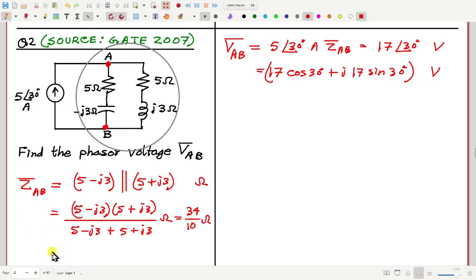In this particular case, this is with angle 0 degree. But in general, it may not be 0 degree. So how will we get it, sir, if it is in parallel or so?